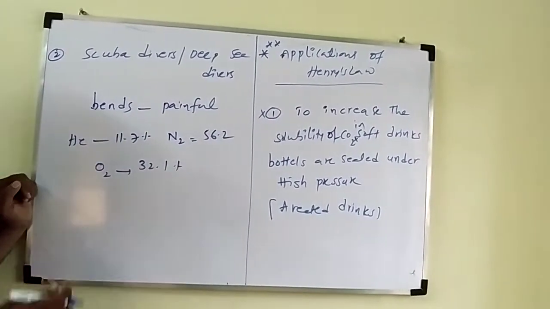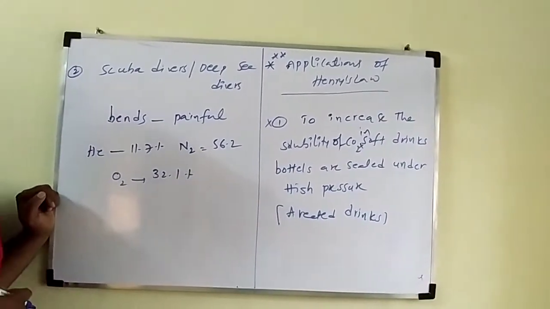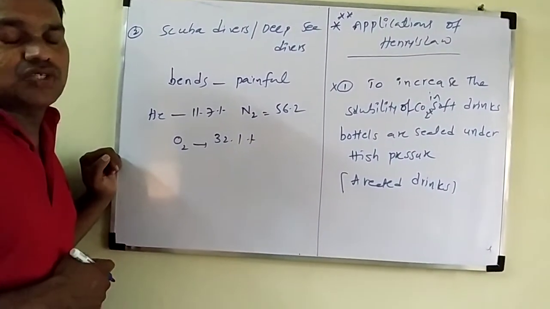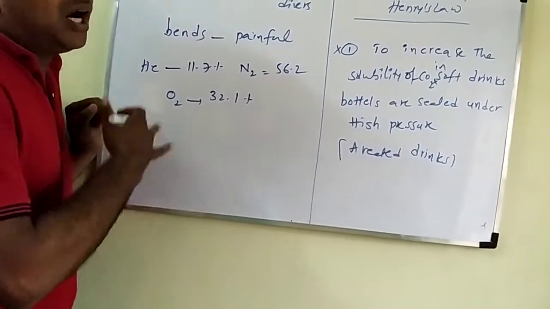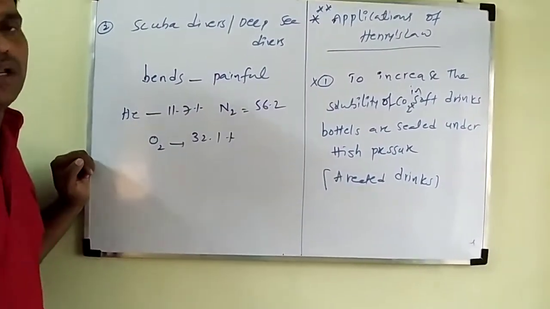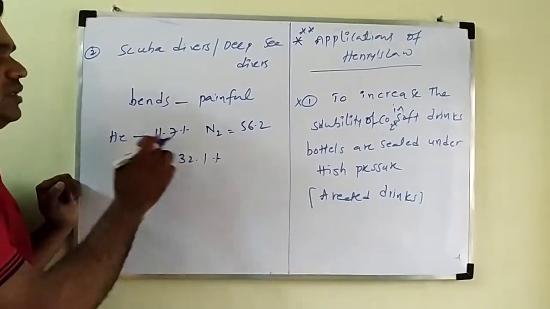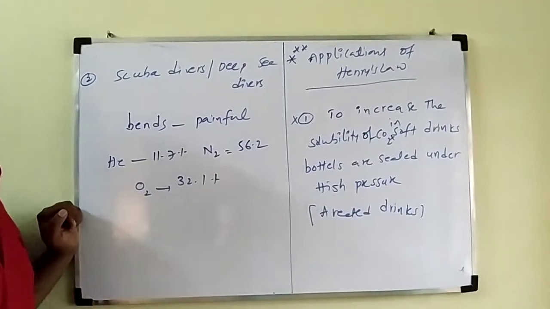Because the size of helium is very small, and the solubility of helium is very less. Because of that, the respiration tanks are diluted with helium, nitrogen and oxygen gas.